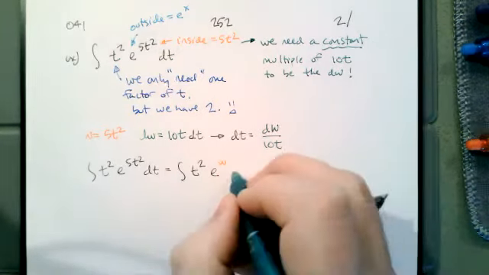So what happens here is that only one of the t's cancels out. Only one factor of t cancels out, so we cannot proceed with substitution. We'd need to deal with that extra factor of t.